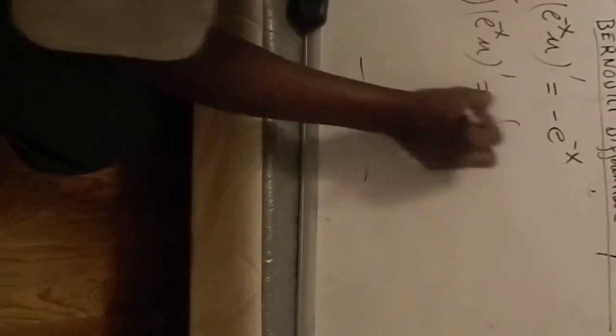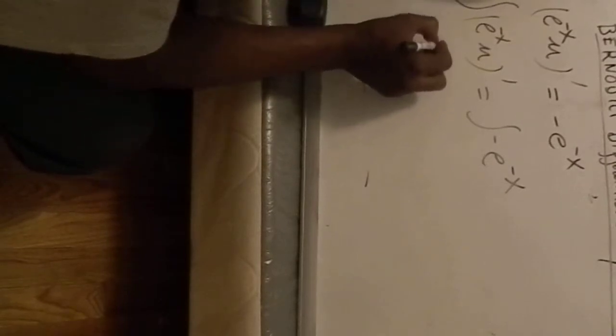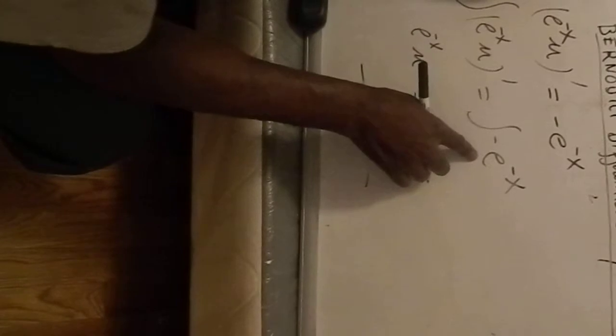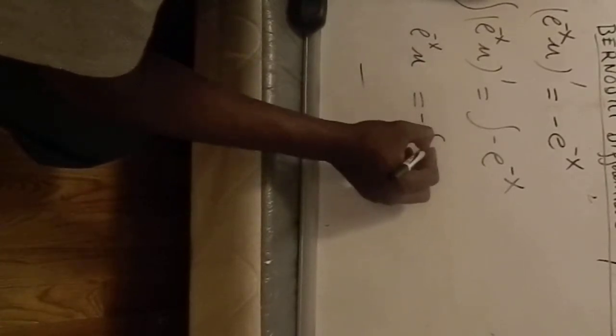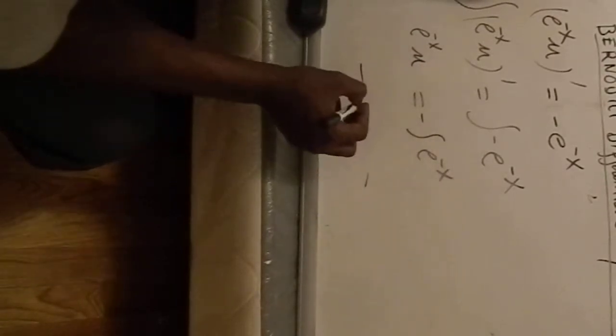Now, in order to find u, I would have to integrate both of them. If I proceed by integrating this one, it's going to give you u equal to the integral of negative e to the negative x.